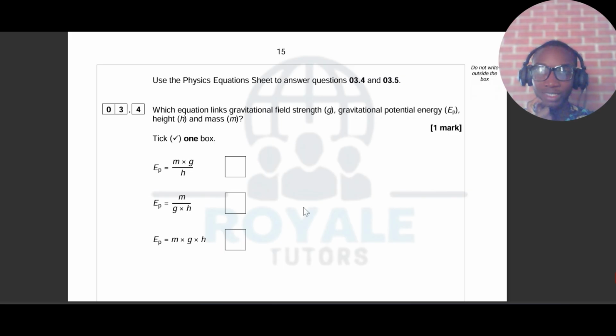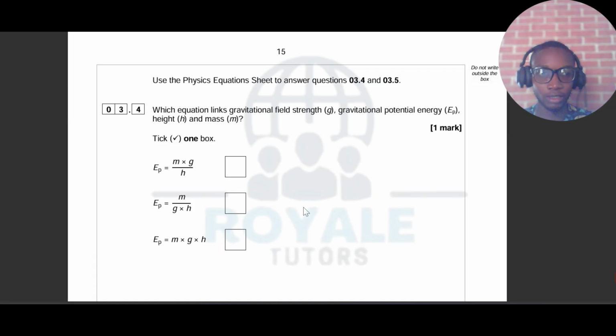So now here we're asked a question. It said use the physics equation sheet to answer questions 3.4 and 3.5. So yes, in this kind of exam, you're usually given an equation sheet where you have all the important equations that you will be needing in the examination. But here we're asked, which equation links gravitational field strength, gravitational potential energy, height, and mass?